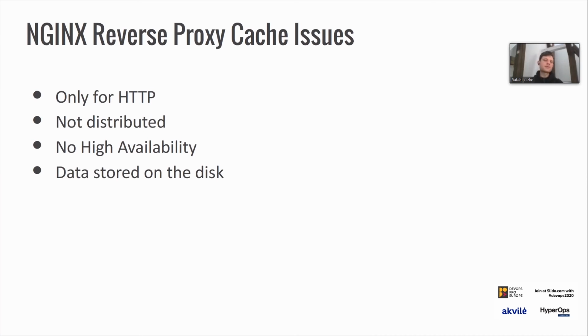There are some problems with the Nginx solution. It's only for HTTP, which is probably not such a big deal, but it's not distributed and not highly available. That is a big deal. And the data is not really stored on disk, but it can be offloaded to disk, which is good and bad.